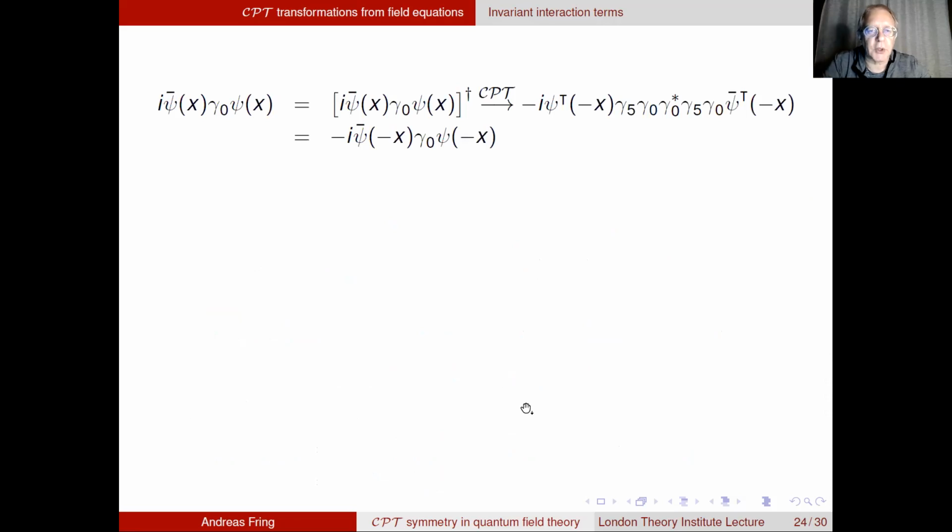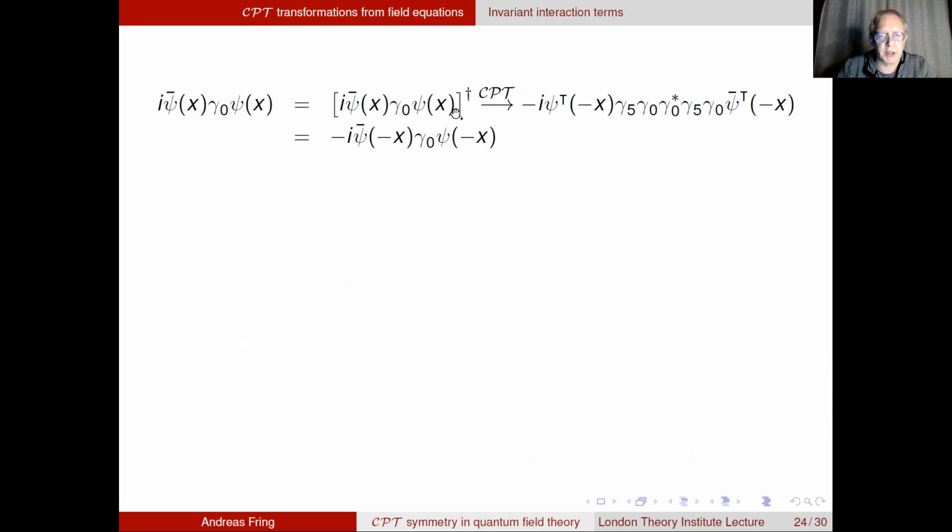We can look at other terms, other bilinears. So here, I'm putting a gamma 0 in between, and also I'm including an i. So what happens to this term when we transform it?